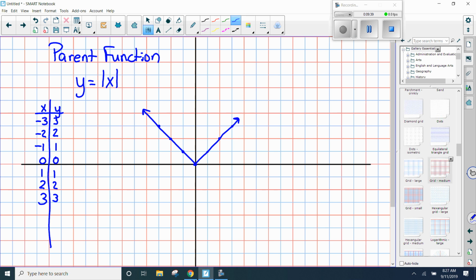Another common one that you are going to have. And I do believe some of these are on your paper.